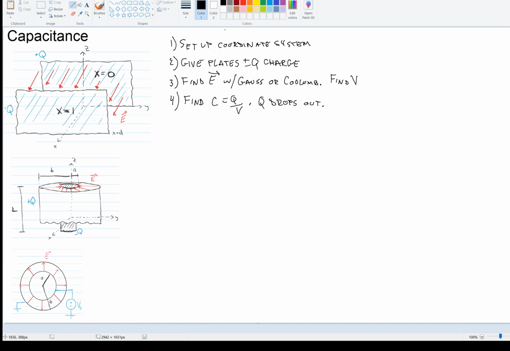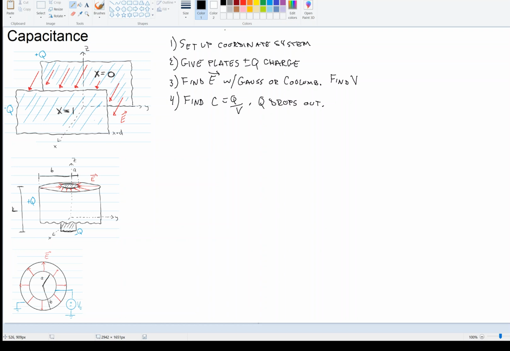Now we're going to repeat this process, but with the coaxial cable. So this is the middle picture. In the middle picture, we're going to assume again that each cylinder, so there's an outer cylinder and an inner cylinder, has a charge Q. I guess step 1 would be to set up the coordinate system, but I've already drawn the figure. You can guess that we're going to use cylindrical coordinates.